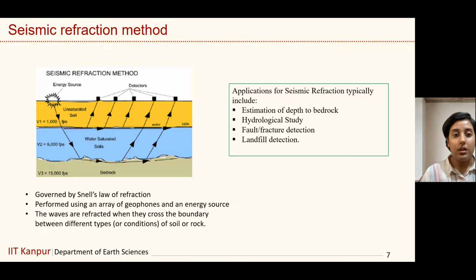Whenever we encounter a low velocity layer below a high velocity layer, this method fails. We don't receive the refracted waves. So that's why we use the reflection method, and this reflection method has been widely used in hydrocarbon exploration.